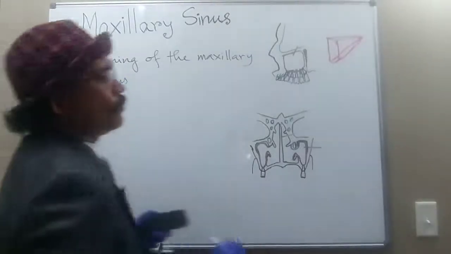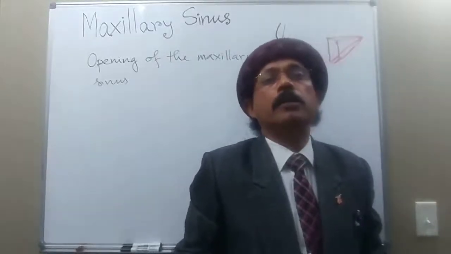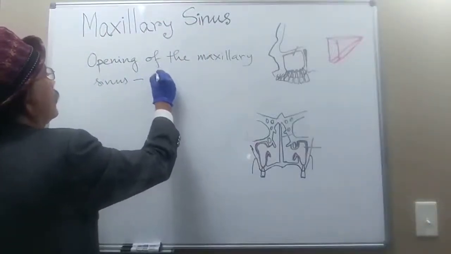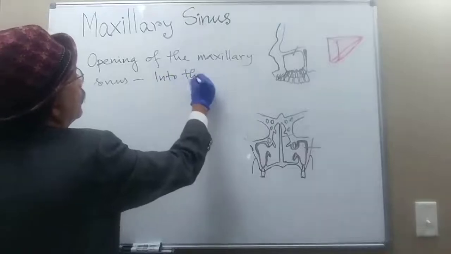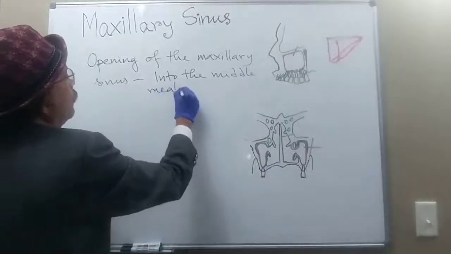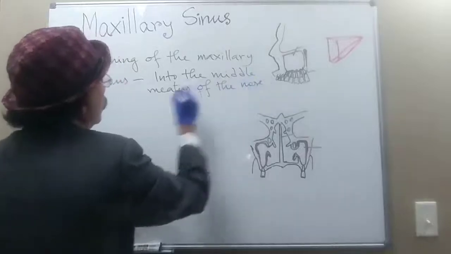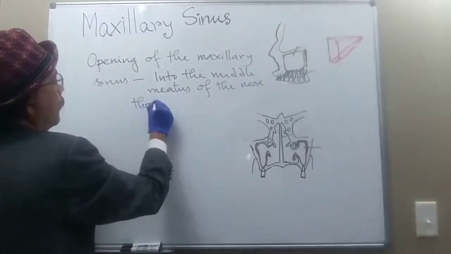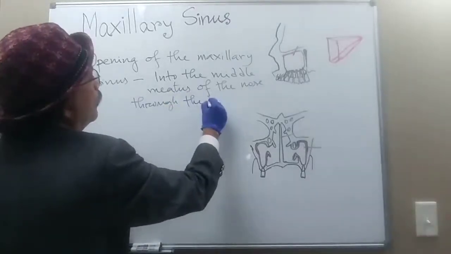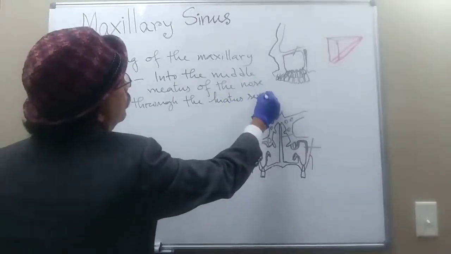The maxillary sinus opens into the middle meatus of the nose through the hiatus semilunaris.